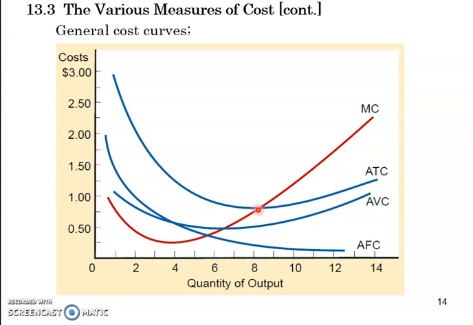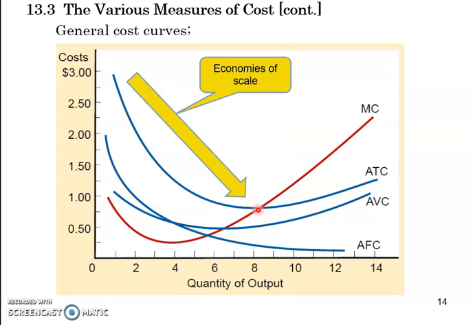level of output, the firm can enjoy what's so-called the economies of scale. So again, at the beginning, we find the firm has to pay a pretty high average total cost because of the very high average fixed cost.